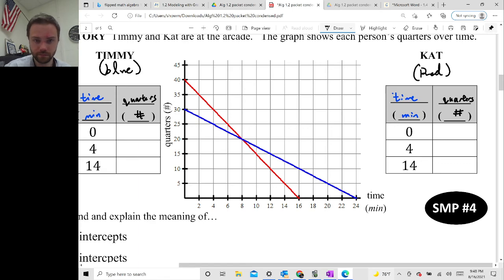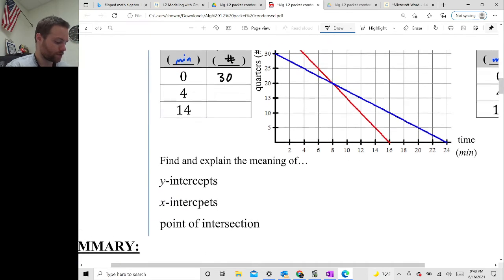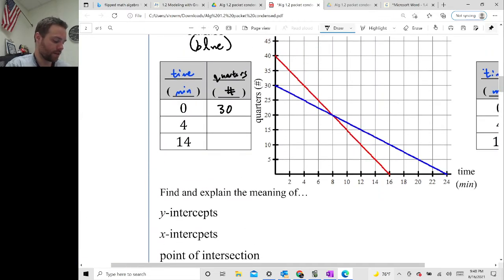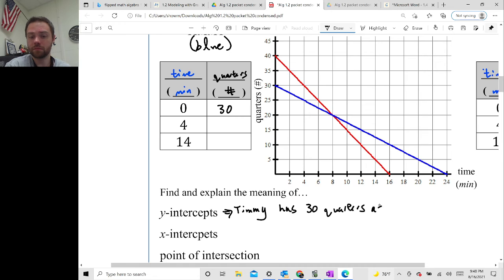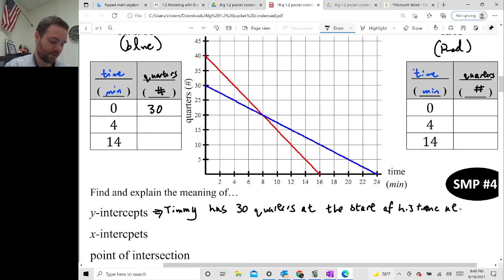Okay? So at 0 seconds, I want to take a look here and see where Timmy is at. At 0 seconds, that's 30. So that is a y-intercept. So for Timmy, his y-intercept means Timmy has 30 quarters at the start of his time at the arcade.